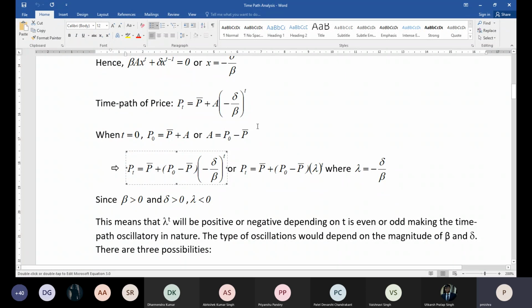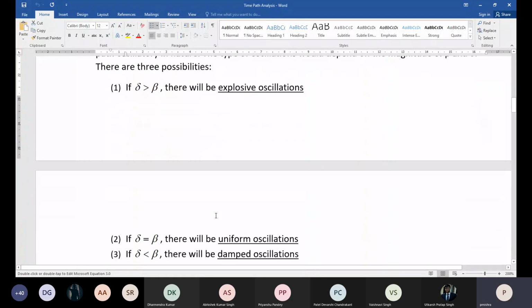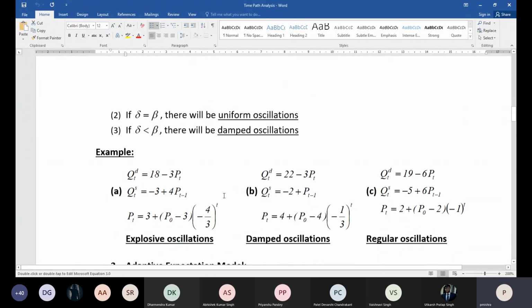If this ratio is less than 1, then there will be damped oscillations. If it is greater than 1, then there will be explosive oscillations. And if it is equal to 1, then there will be regular oscillations.